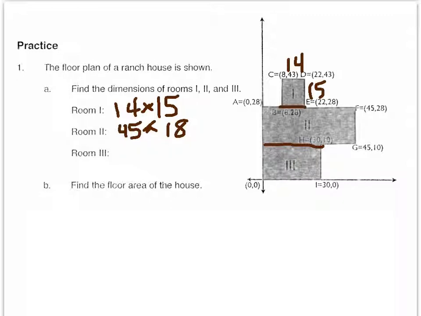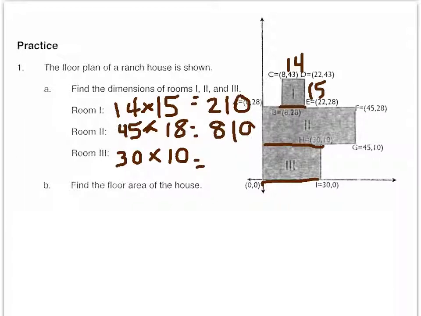Okay, room 3. Room 3 from here to here is 30, because it goes from 0 to 30. And then up, it goes from 30, 10 to 30, 0. So that has a length of 10. Okay? So those are my dimensions. 14 times 15, what do we get? 14 times 15 is 210. 45 times 18 is 810.